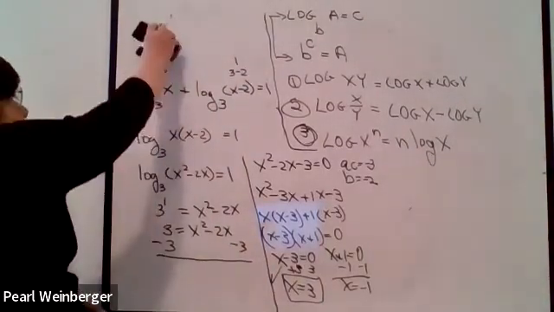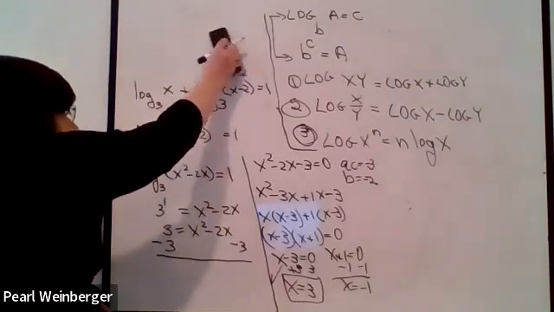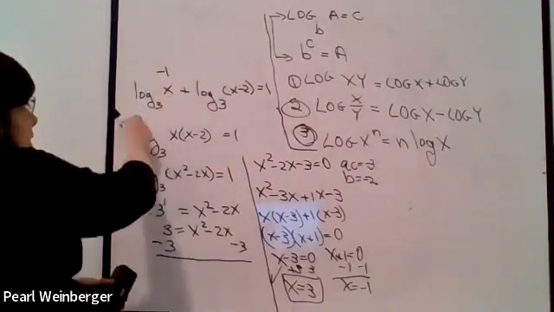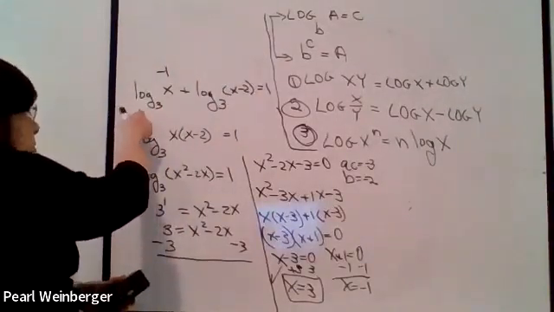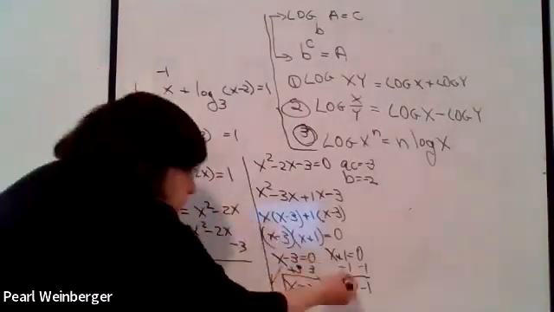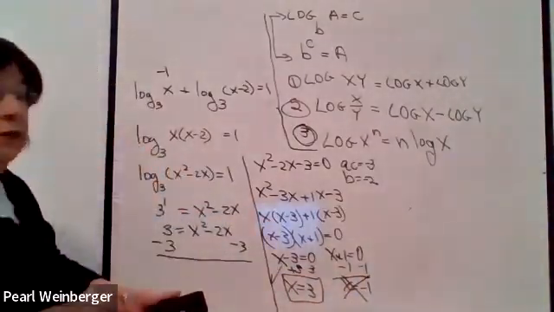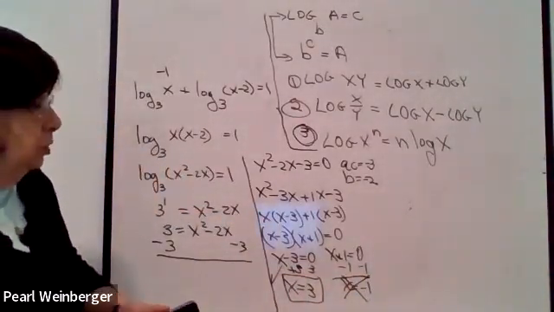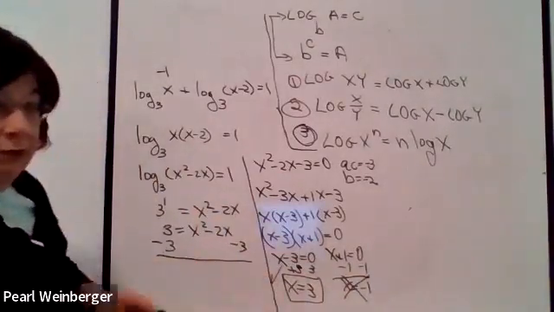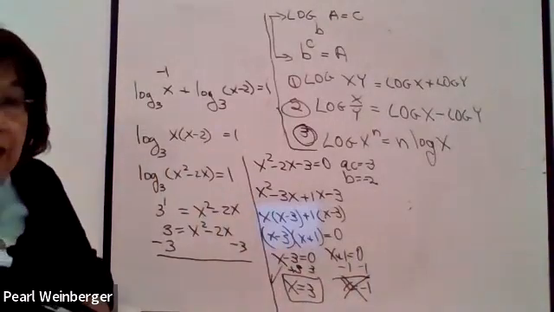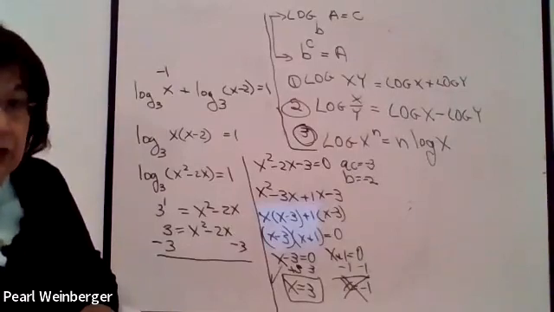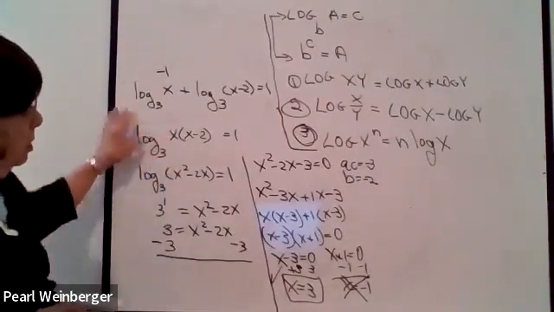But when you try using negative 1 as your answer, you're right away in the first example, log of negative 1. I don't even have to look any further. This is no good because we cannot do logs of negative numbers. So the only right answer to this equation is x equals 3. And this is how you can solve a logarithmic equation that has more than one log in it.